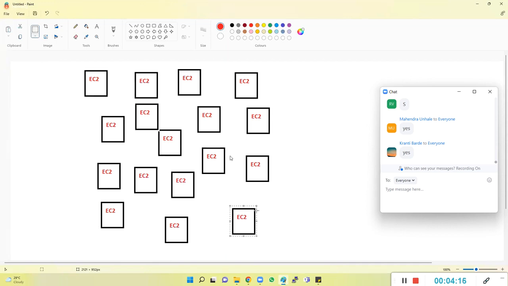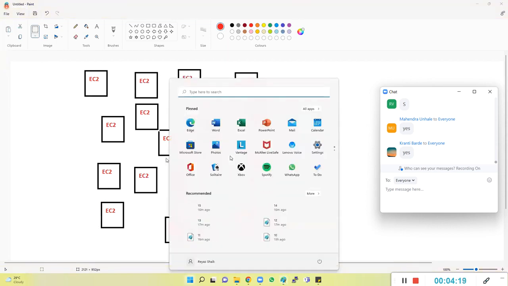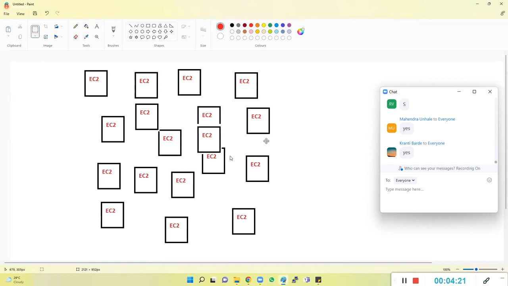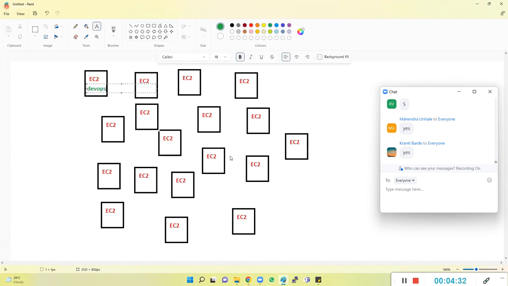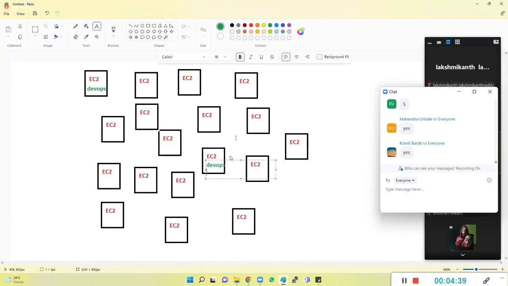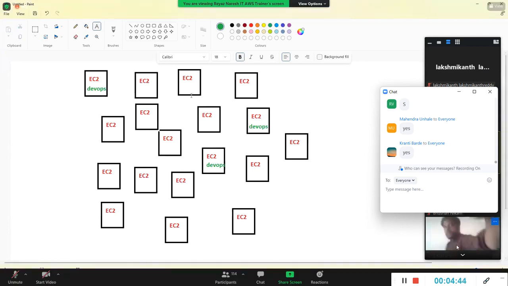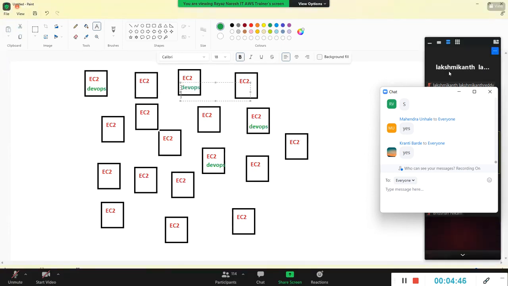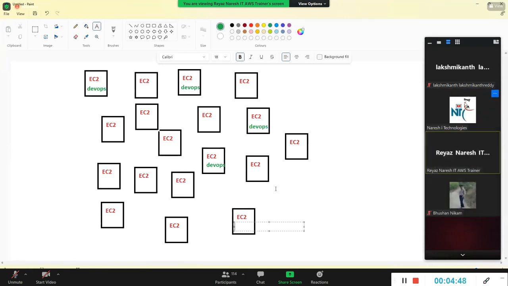And each EC2 instance is related to, let's say, this EC2 instance is used by DevOps people. There are a few instances which are used by the DevOps people. These are all related to DevOps.